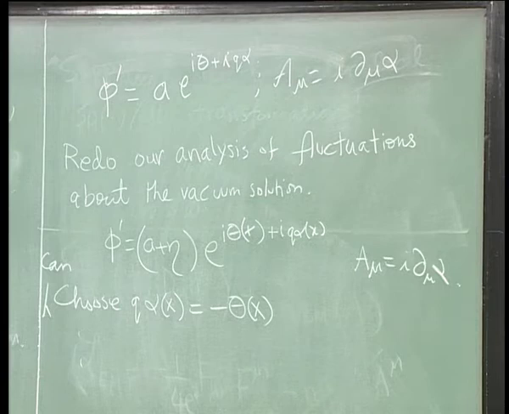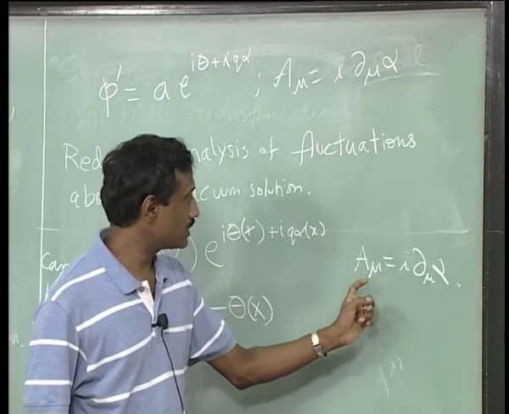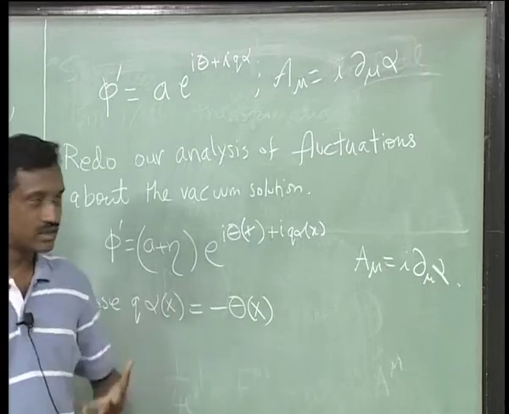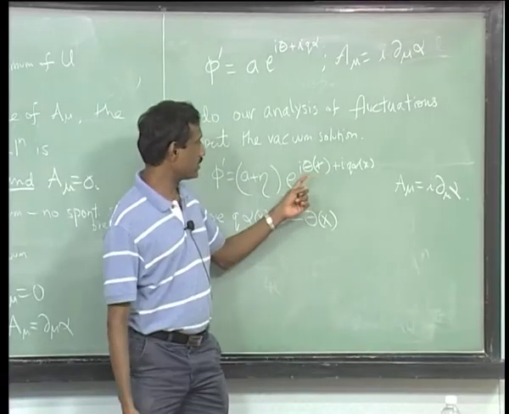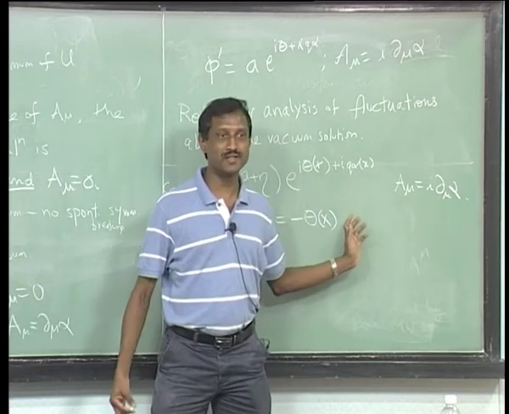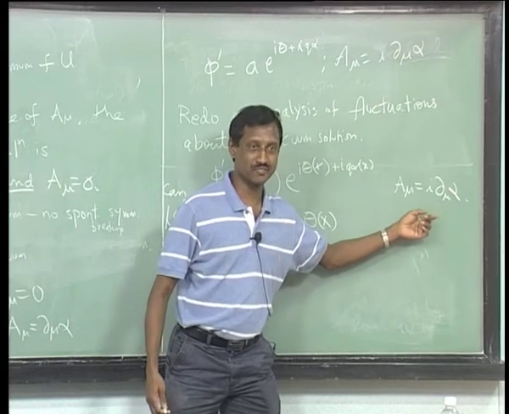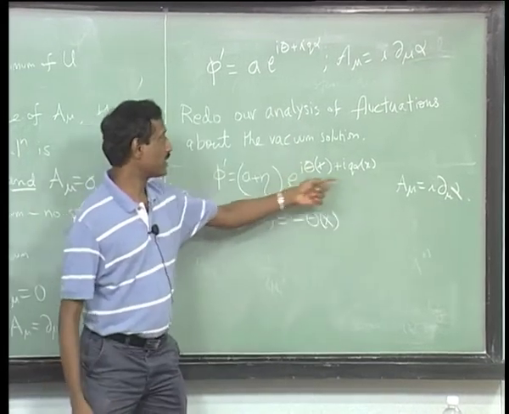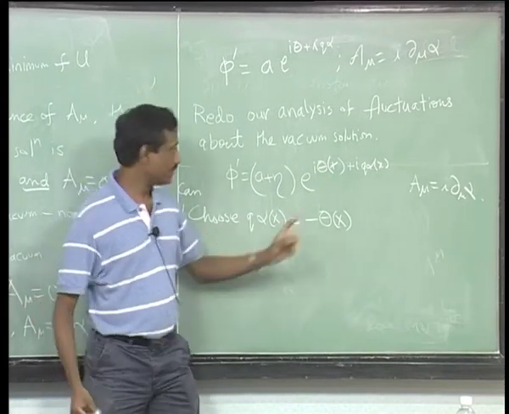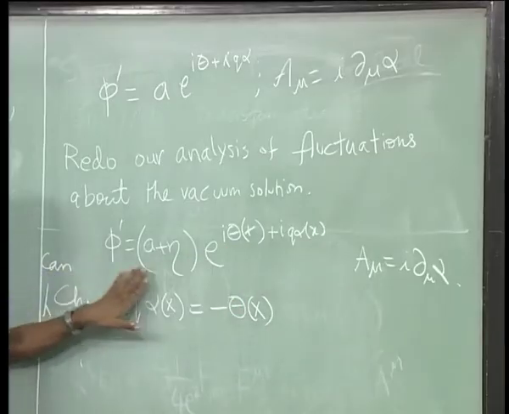But what happens is that the gauge field will remain. In some sense you can see that the pure gauge part does not change, the field strength is still 0. Terms like this are called pure gauge, it is just a gauge transformation, but that can be used to eat up the phase. So, they are equivalent to each other. The idea here is that I just get rid of it and always work with that.